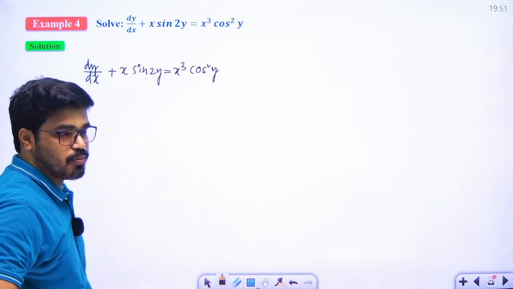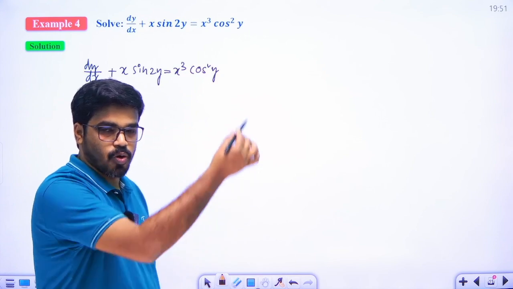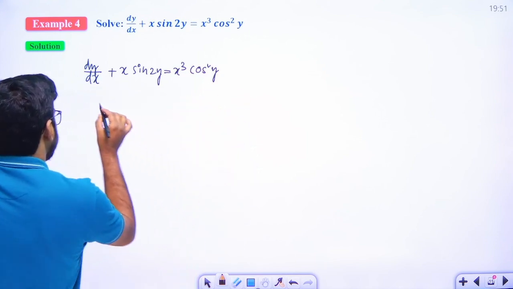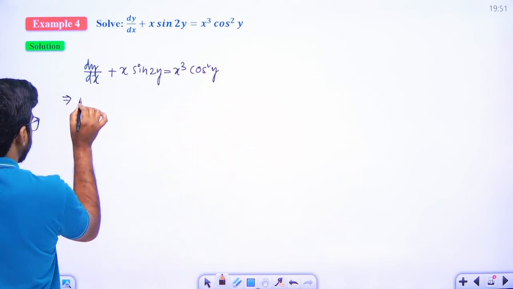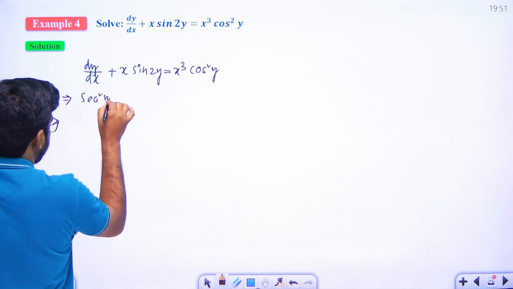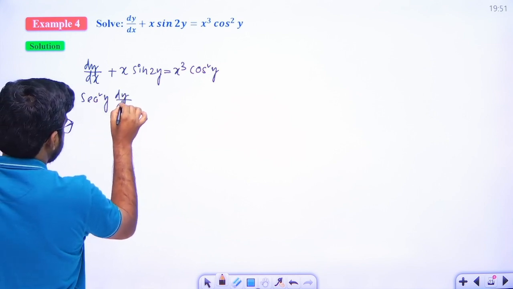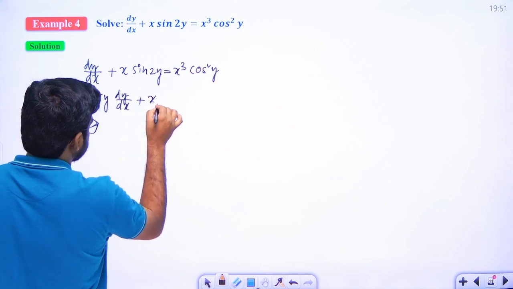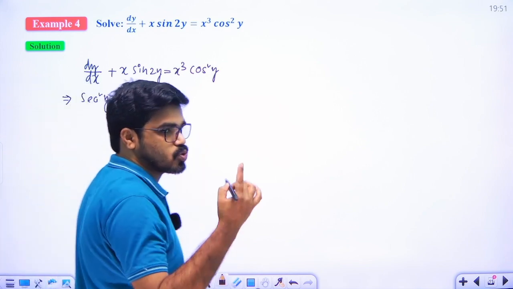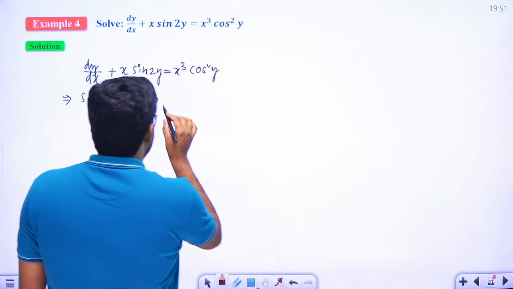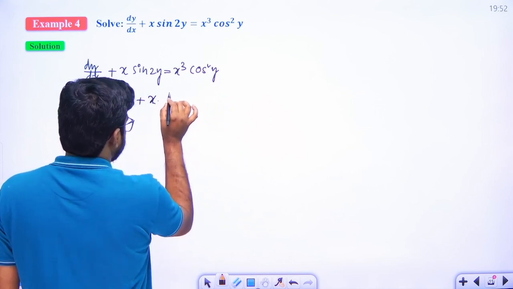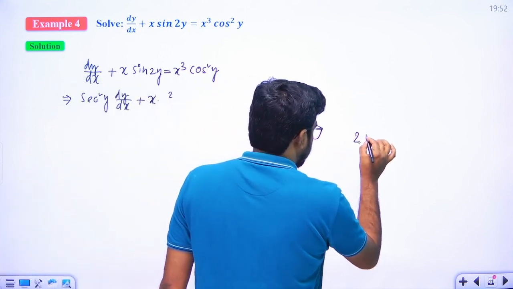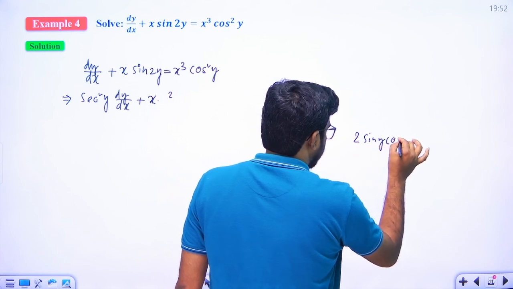So first I said we will divide by the function of y, so divide by cos square y. So dividing both sides by cos square y, what we get is sec square y dy dx equals x sin 2y, that is 2 sin y cos y. So sin 2y is 2 sin y cos y.